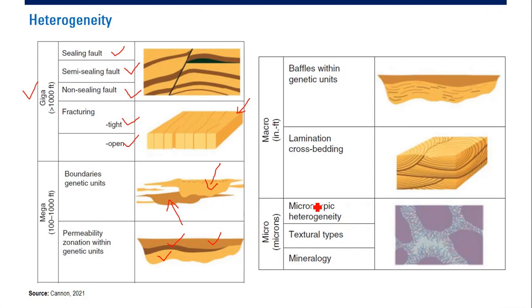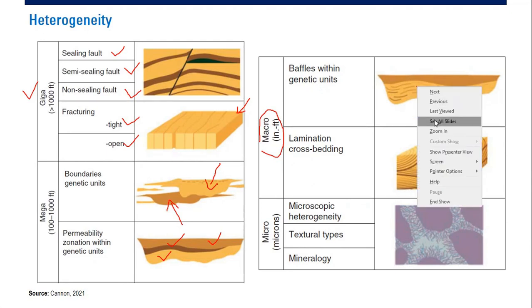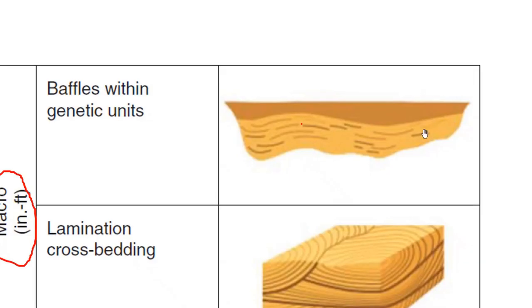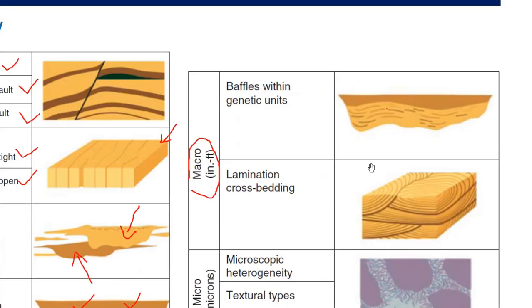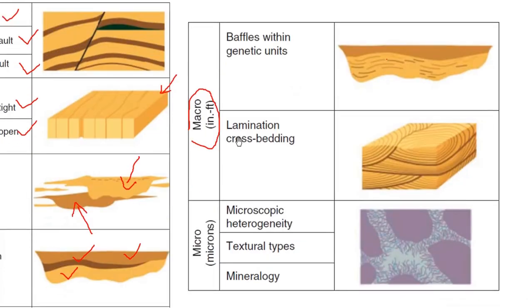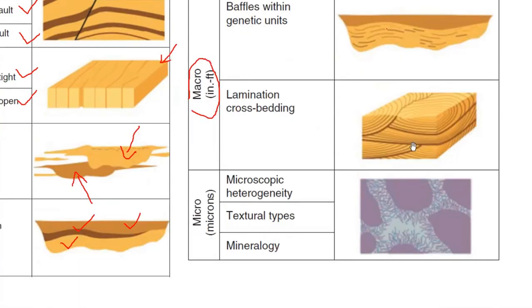And we also, for the macro scale, we have baffle within genetic units like this line, right? Baffle, barrier to flow, we call it baffle. And some with lamination, like this one. Lamination means berlapis-lapis. Okay, berlapis-lapis, laminasi.